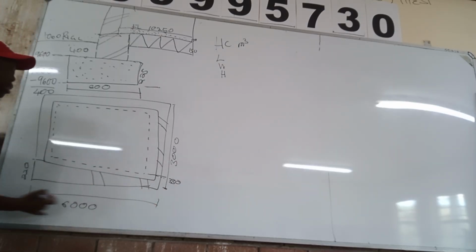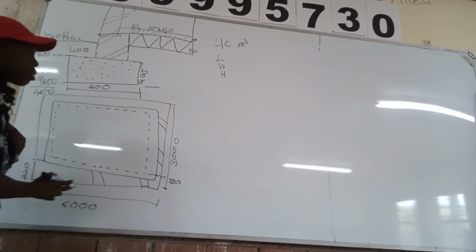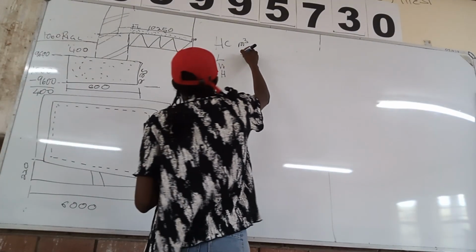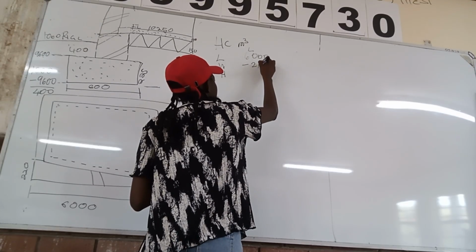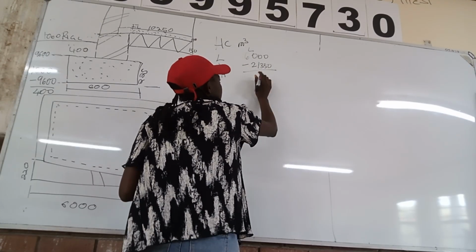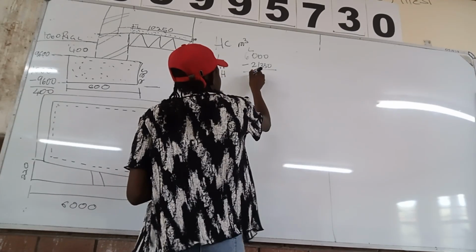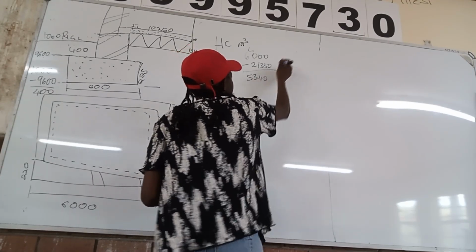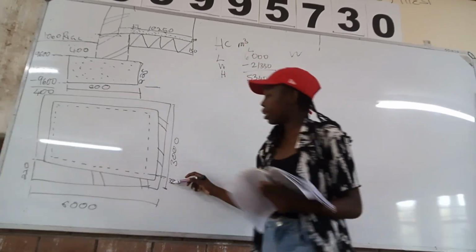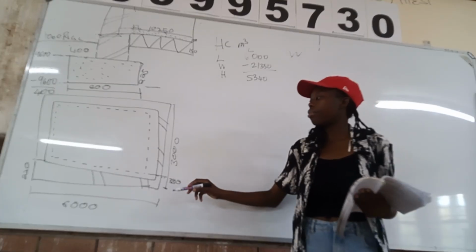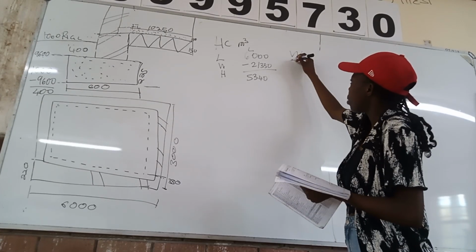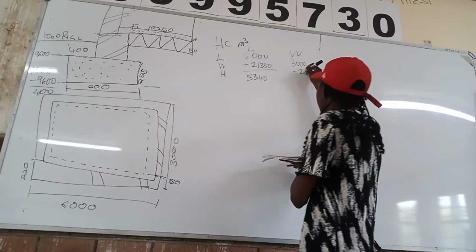So we have a length of 6,000 again. We take the 6,000 minus 2 of 330. What do we get? 5,340. And then the width will be 3,000 minus 2 of 330.